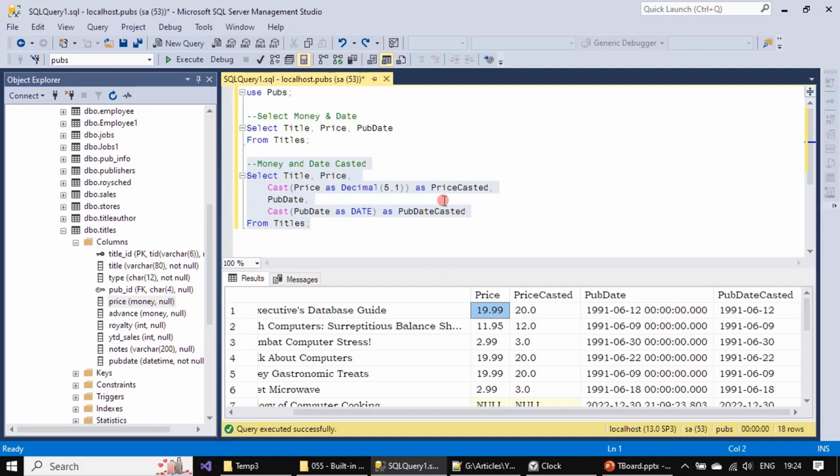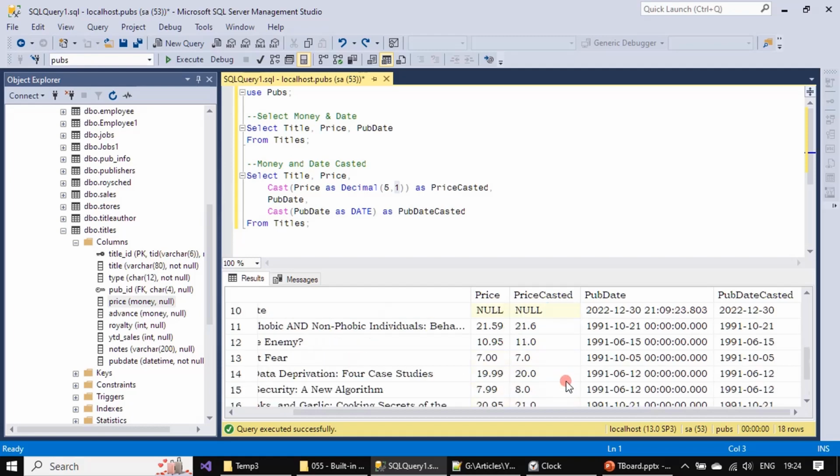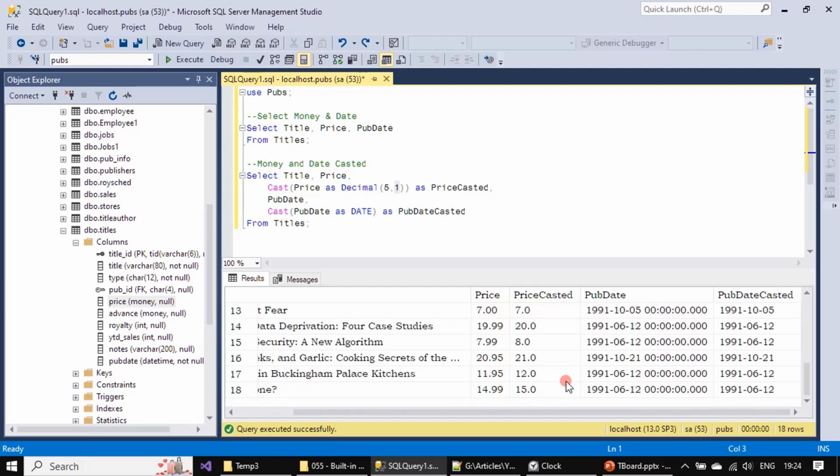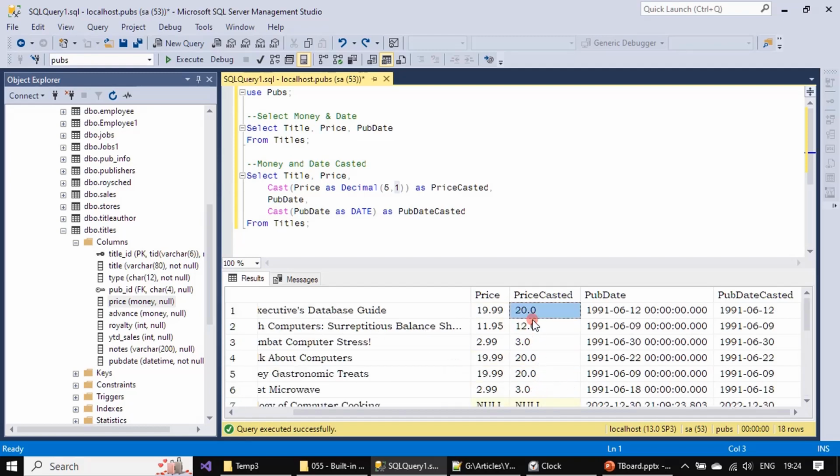Since we converted this to decimal, you can see that it is rounded. Why? Because for the decimal precision we are giving 1. So the result is rounded here, right, to 1 decimal point precision.